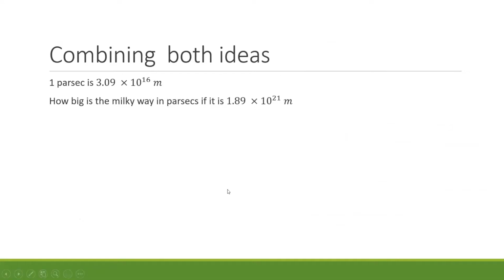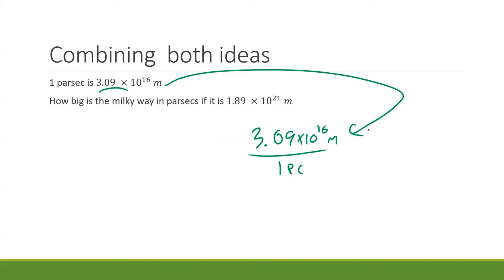You can actually use this idea to explore stuff with both of the ideas combined. 1 parsec is 3.09 times 10 to the power of 16 meters, so you can write 3.09 times 10 to the power of 16 meters per parsec. Once you know that, you can convert this information into that.